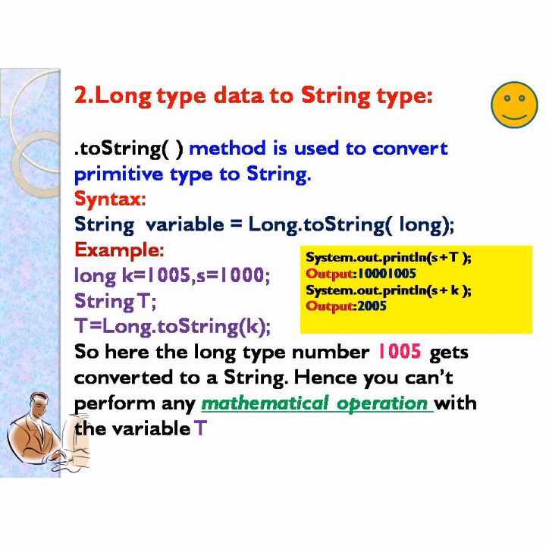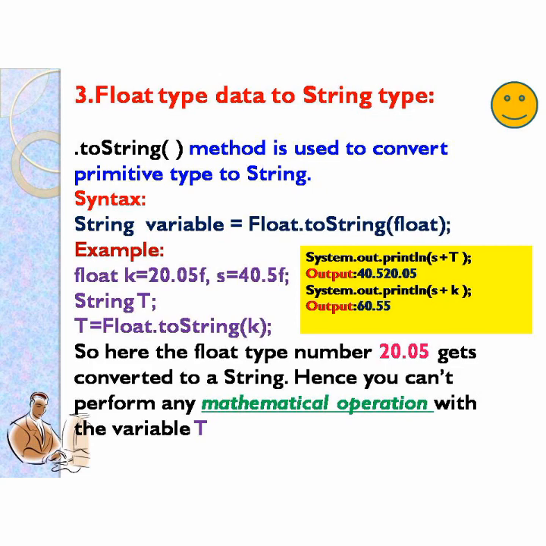See, System.out.println(s + t). Here s is integer whereas t is now a string. So you will get the output as 1000105. So it will concatenate. Similarly, look at the second example, System.out.println(s + k). Here s and k both are long type. So if you add, you will get the answer as a long type.